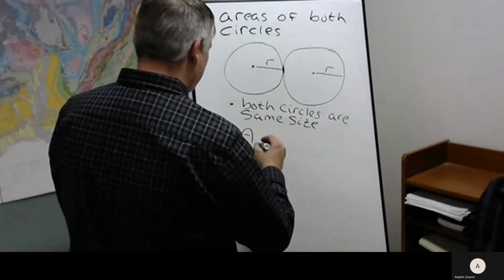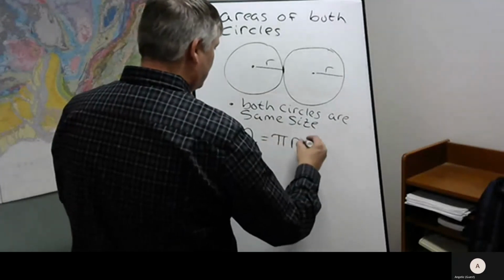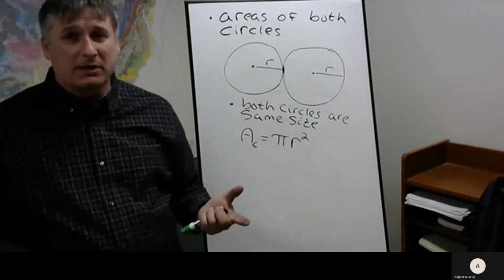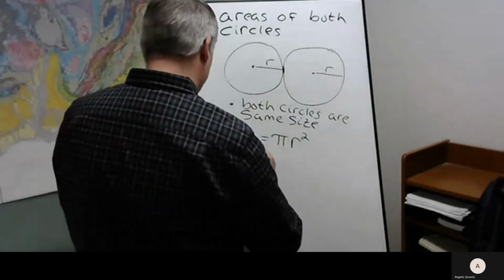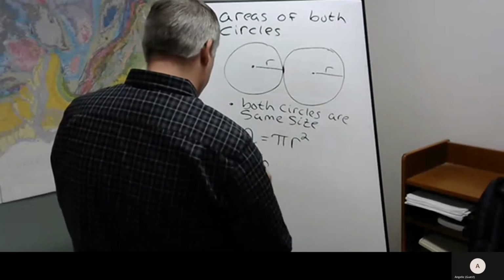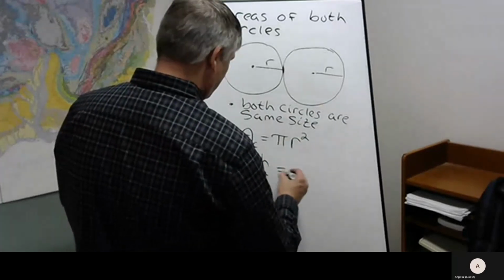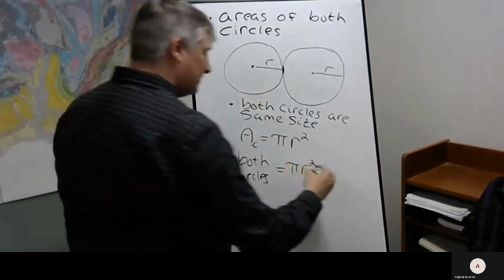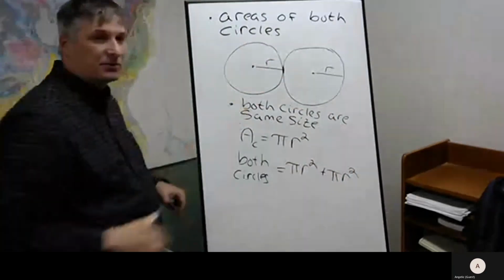The area of one circle is pi r squared, because all we have is r, the radius. So for both circles, it'll be pi r squared for the first circle, plus pi r squared for the second circle.